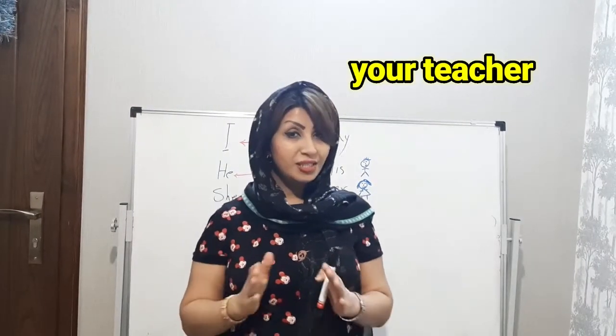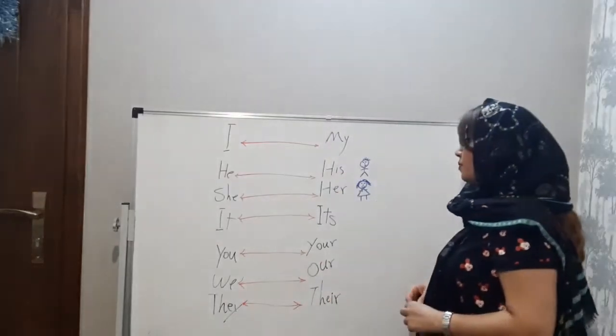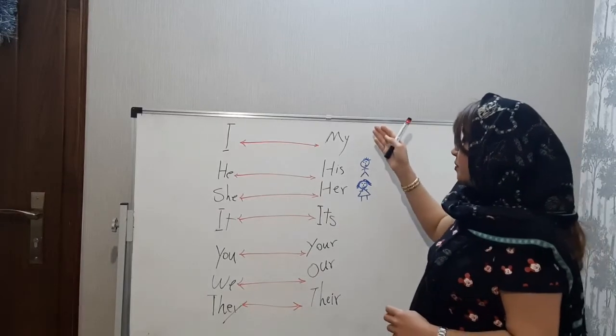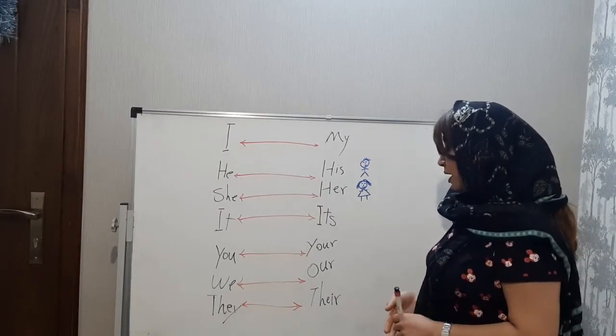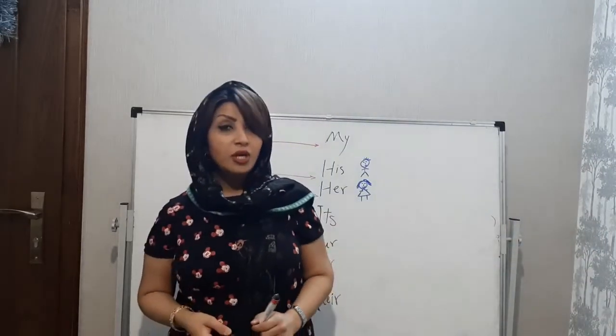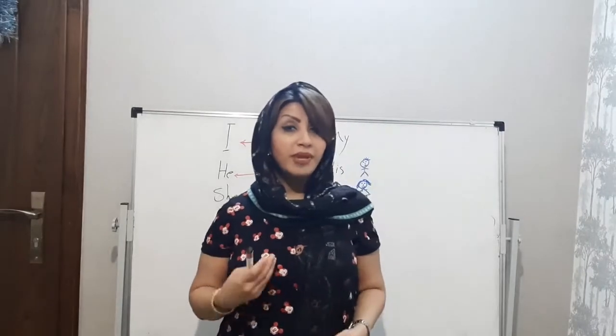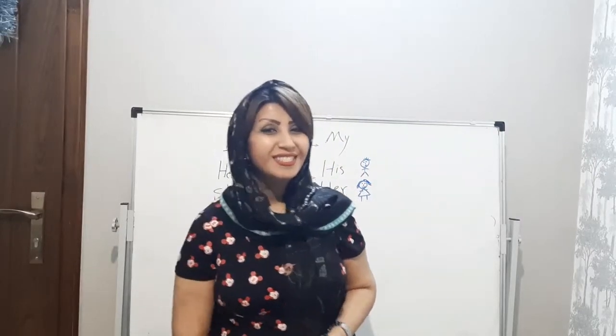Your teacher. Yes, you can say teacher as a noun and say your teacher. So we can use nouns after these. Now in the next part I'm going to make some examples for you.